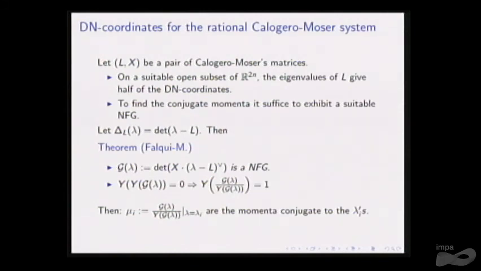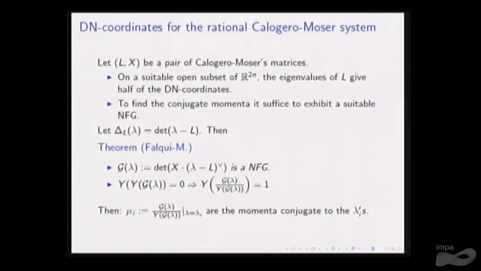First of all, let's write Δ_L(λ) as the characteristic polynomial of L. Then we have this theorem: if we define g(λ) as the determinant of X times (λ minus L check), where this (λ minus L) check is the transpose of the cofactor matrix, then this function is a Nijenhuis function generator.